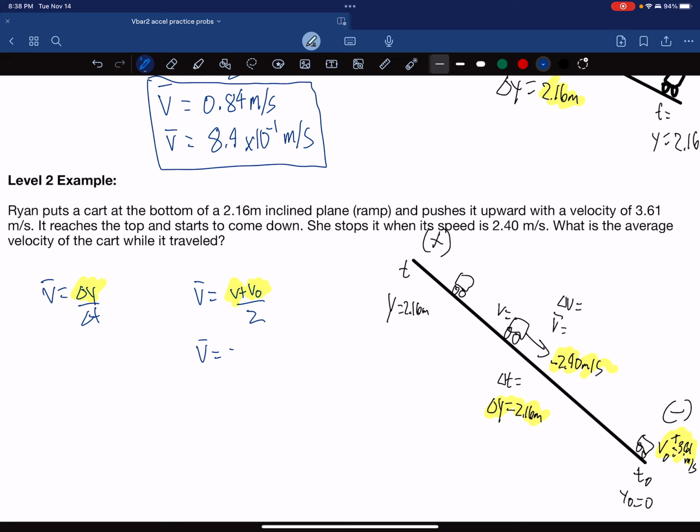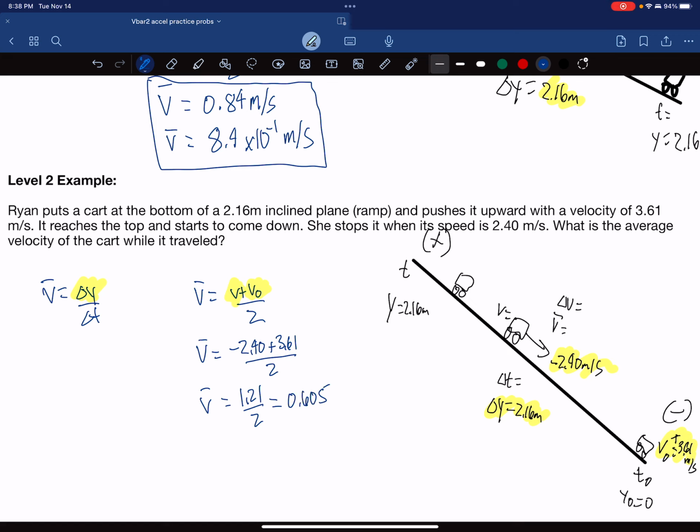So the final velocity is minus 2.40 plus 3.61 all over 2. And that then gives us a value of 1.21 over 2, which we divided out is 0.605.